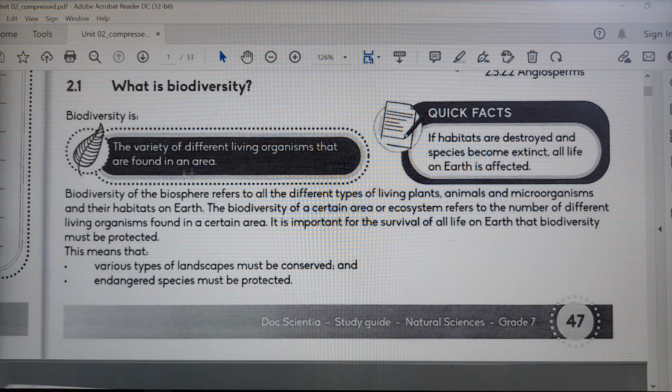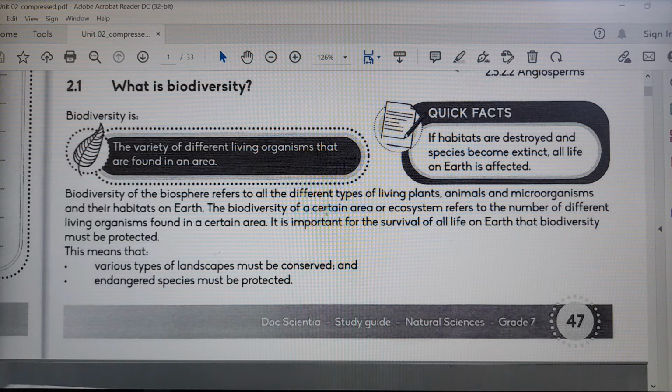Biodiversity of a biosphere refers to all different types of living plants, animals, and microorganisms, and also their habitat. Habitat is home, where they live on Earth.